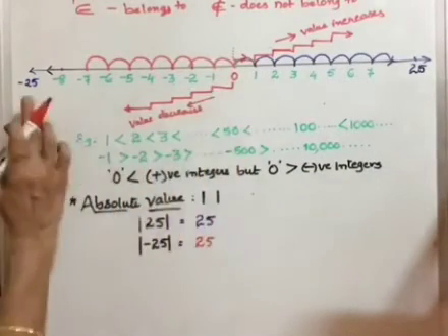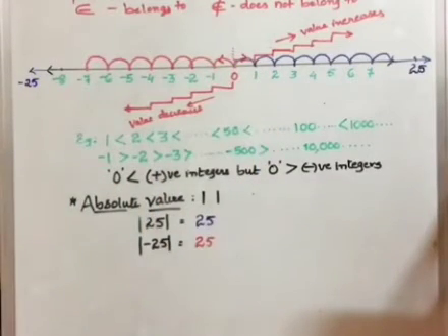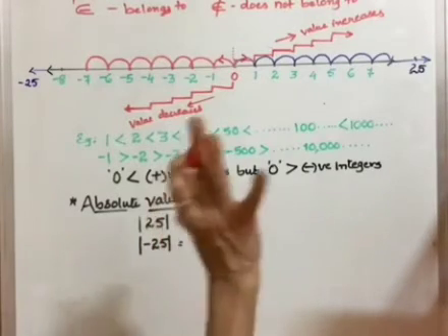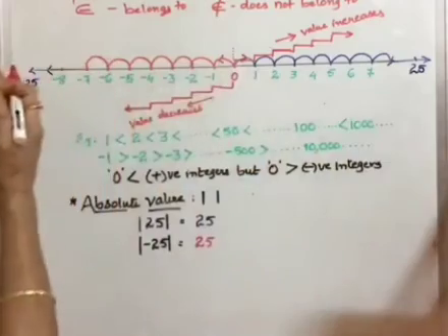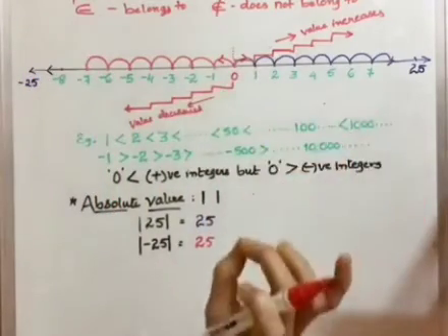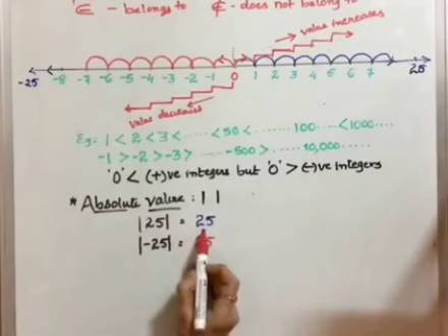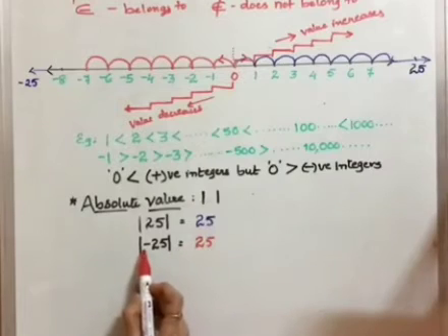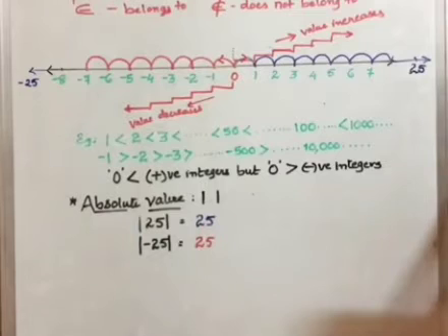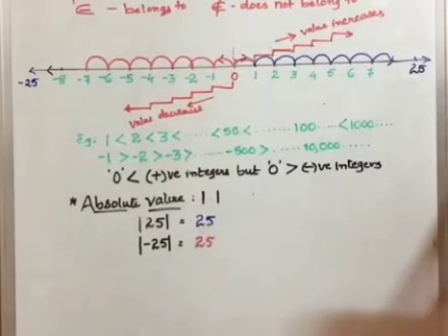To reach -25, towards your left, again you took 25 steps. So, absolute value of any integer, whether it is positive or negative, is the number of steps you take to reach that integer. In both the cases, you can see the absolute value is positive only.